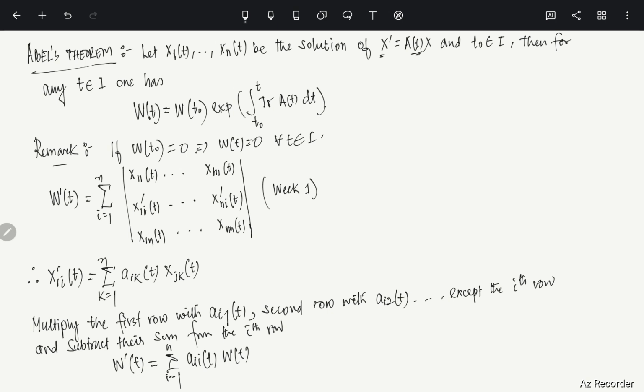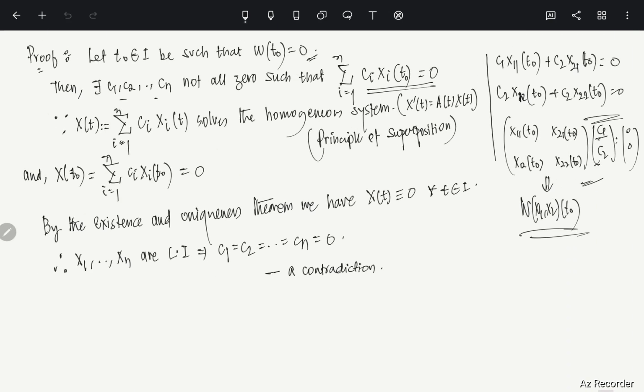This is a basic, very simple first order ODE. That implies W prime of t is the trace of A(t) times W(t). Now you just integrate it.